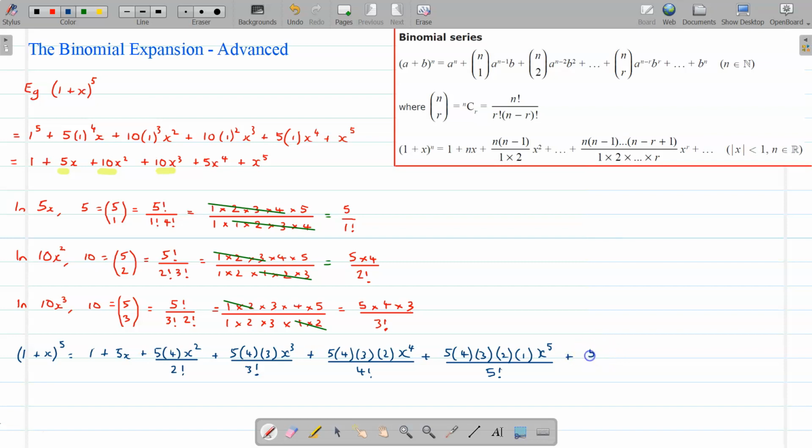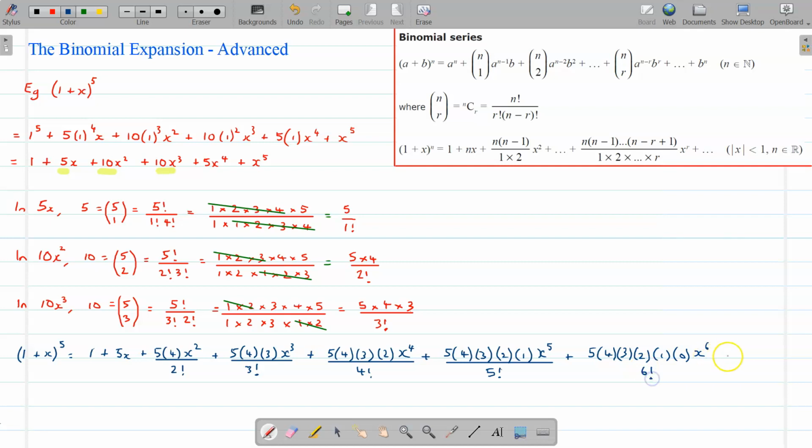And if I were to try to carry on, what would happen? I would get 5 times 4 times 3, because this will work, but you'll see hopefully what will happen to the value of this now, times 2 times 1 times 0, x to the 6 over 6 factorial.